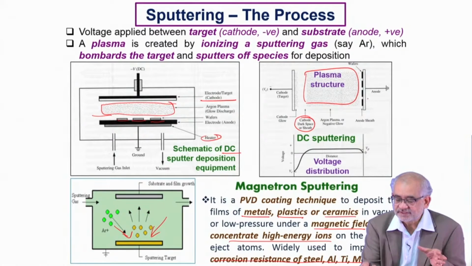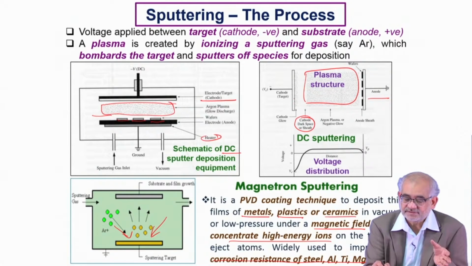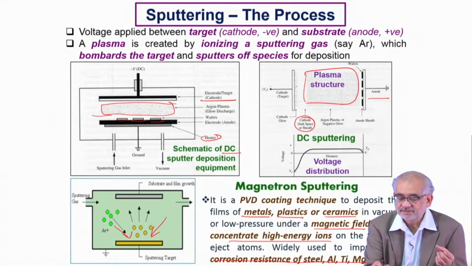So if this is the anode or the positive side on which you have placed your substrates to be coated, let's say silicon wafers, and this is the target from which you are actually extracting ions or making the argon ions hit the surface and dislodge atoms from this, maybe aluminum, maybe carbon or any other material. So there will be a little region in between which will have very low density, and that's typically called the cathode dark space or sheath.